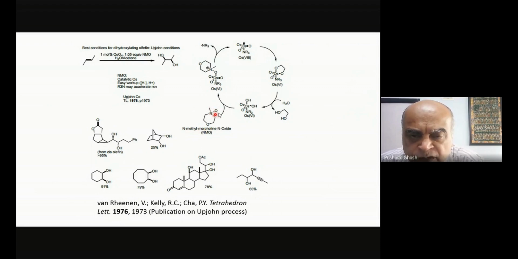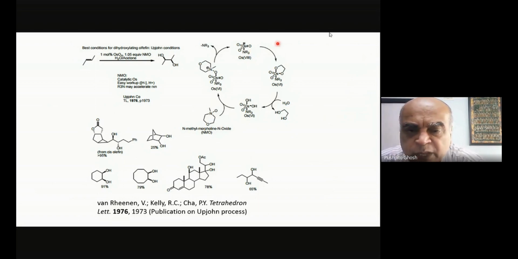So there is an oxygen which is introduced on the nitrogen, and so that's methyl morpholine N oxide, and it could actually convert back the osmium 6 into osmium 8. What it meant is that now my oxidizing agent is N-methyl morpholine oxide, and it is not osmium tetroxide, because it is getting recycled.